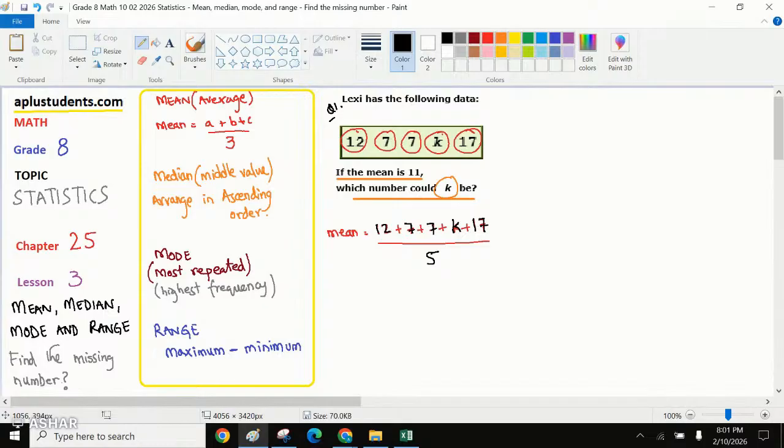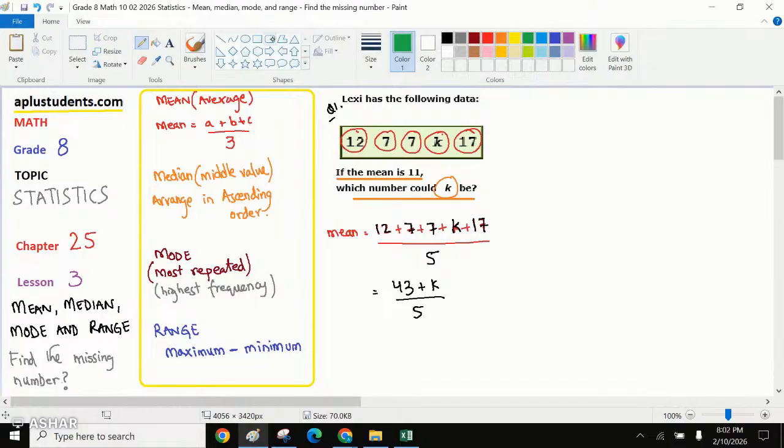Let's add these numbers together: 12 plus 7 plus 7 plus 17 equals 43. Can I write this as 43 plus k upon 5?